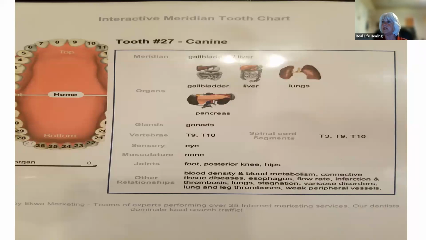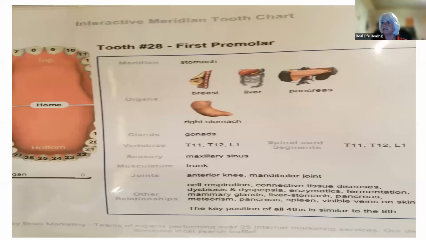Again, we've got our lungs, our gallbladder, liver, pancreas, foot, knee, hips. The other relationships, amazing. Sorry, this one's kind of blurry.